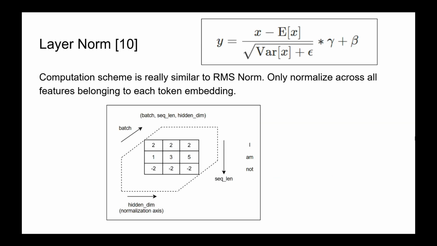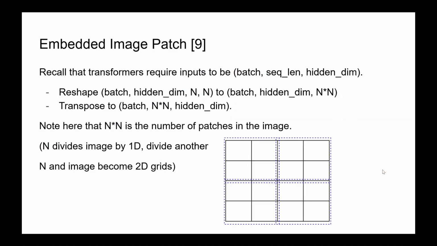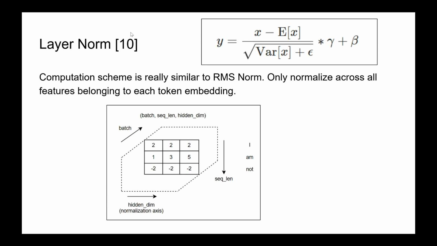Now this is the layer norm operation, which is the one that we found here. The norm operation is not RMSNorm. The RMSNorm is used in the language decoder, but the layer norm is for the image encoder. But the computation scheme is really similar. Basically, you will have this batch, sequence length, hidden dim. You're going to take one particular row and apply normalization along that row.